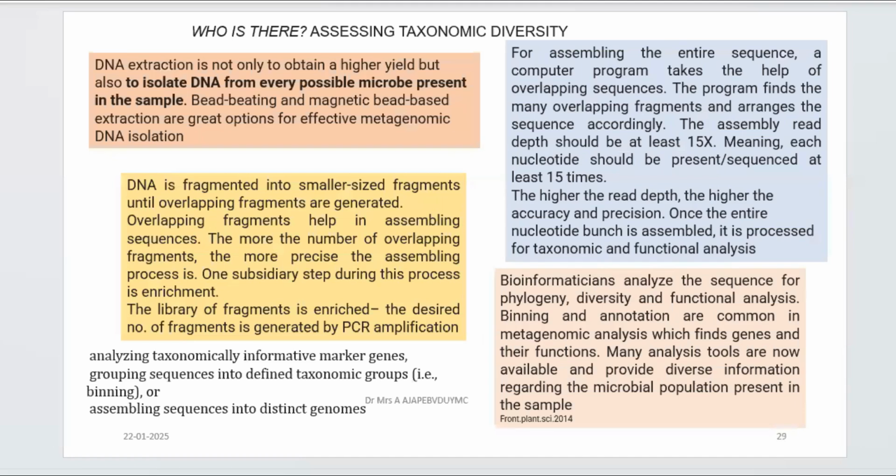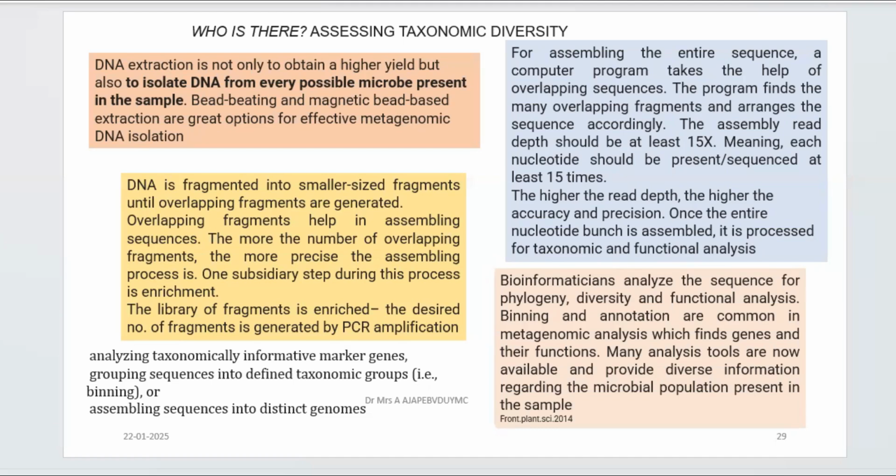You have to find out who is there and what is their position in the taxonomy, what are they doing, what are their functions, right? So DNA extraction is done. Here, DNA extraction is not only to obtain a higher yield, but you have to have the DNA from every possible microbe which is present in the given sample. You don't want multiple copies of the DNA of the bacteria which is more in number in a given sample.